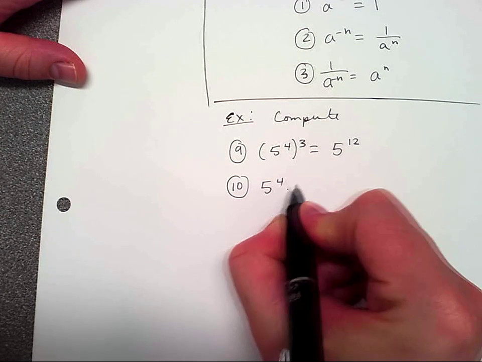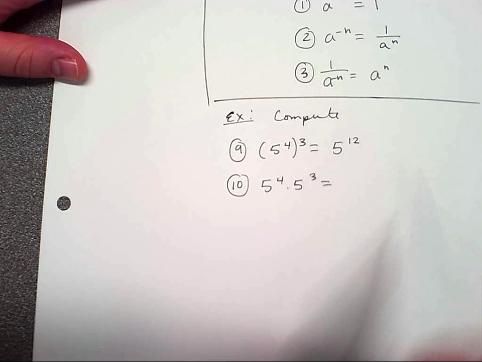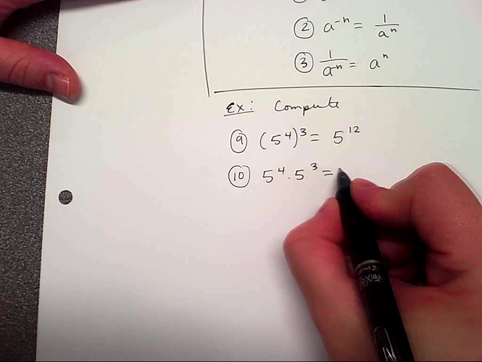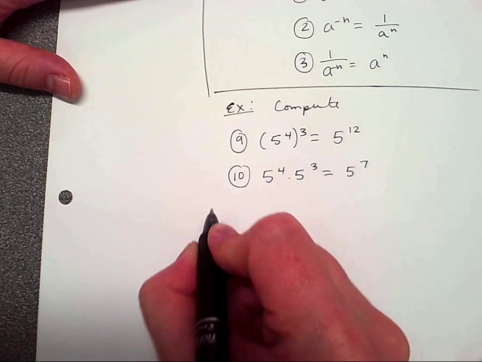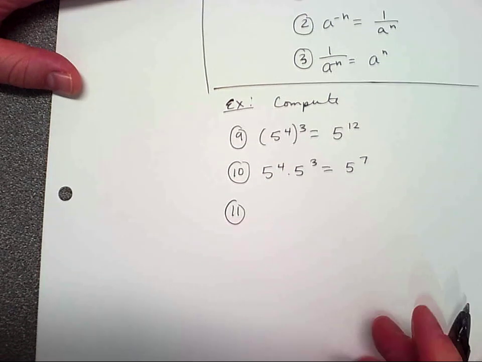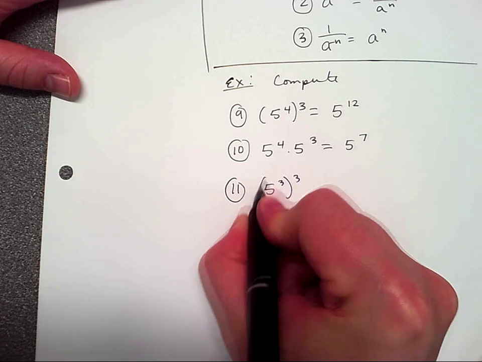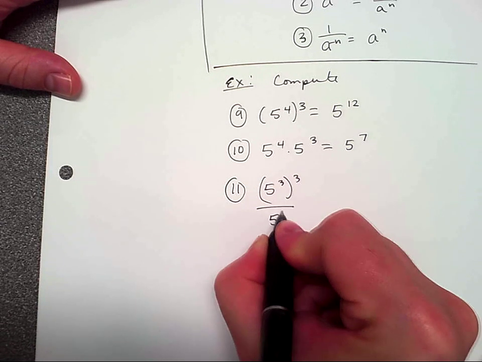Five to the fourth times 5 to the third is what? Five to the seventh. What about 5 to the third over 5 to the fourth?